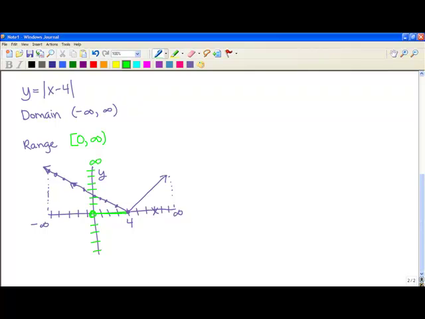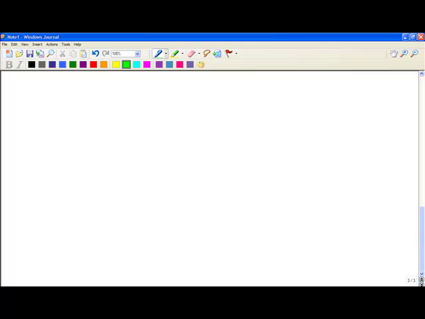Now let's take a look at another function. This time, let's graph f of x equals a square root of x plus 2. And we want to find the domain and the range again.